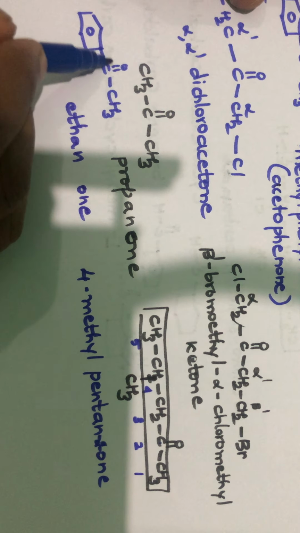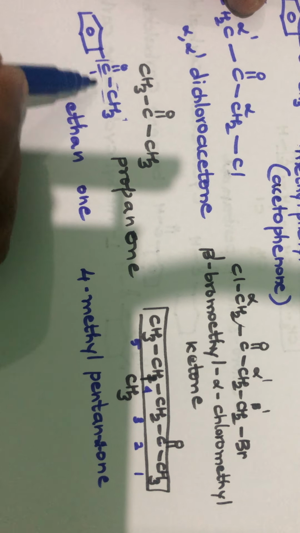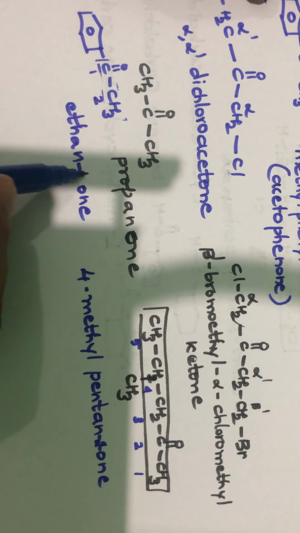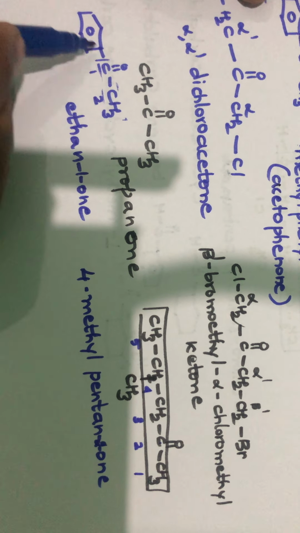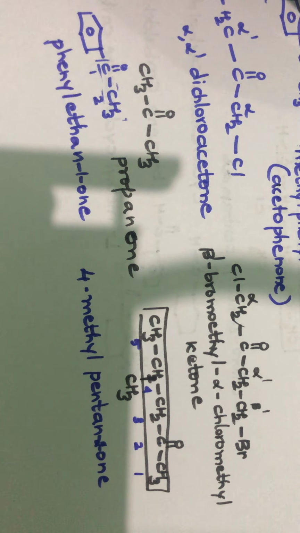This is the chain that we should select, right? So numbering from this side only, 1, 2. We have two carbons only. So at the first position there is a ketone, and at the first position there is also a phenyl group. So 1-phenylethanone, ethan-1-one. Okay, this is how we name it in the IUPAC system of naming.